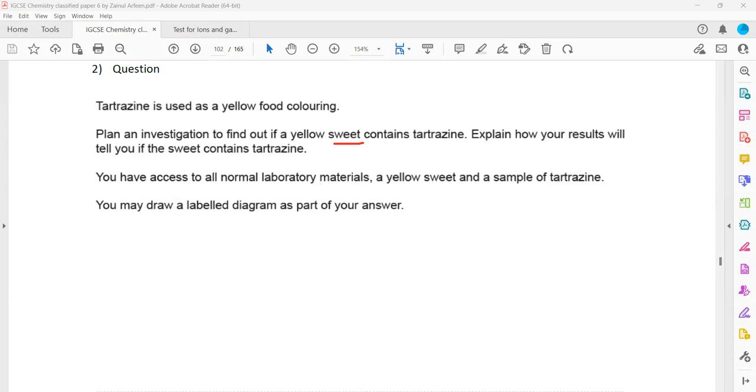Then take a chromatography paper and draw a baseline and a solvent front using a pencil. Then fill a container with the suitable solvent. First put the dye extract, using a dropper, on the baseline, and then place the chromatography paper into the container containing the suitable solvent.